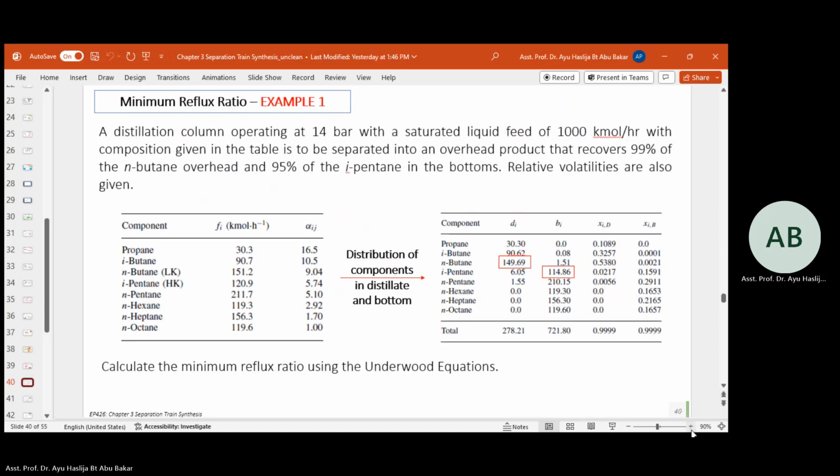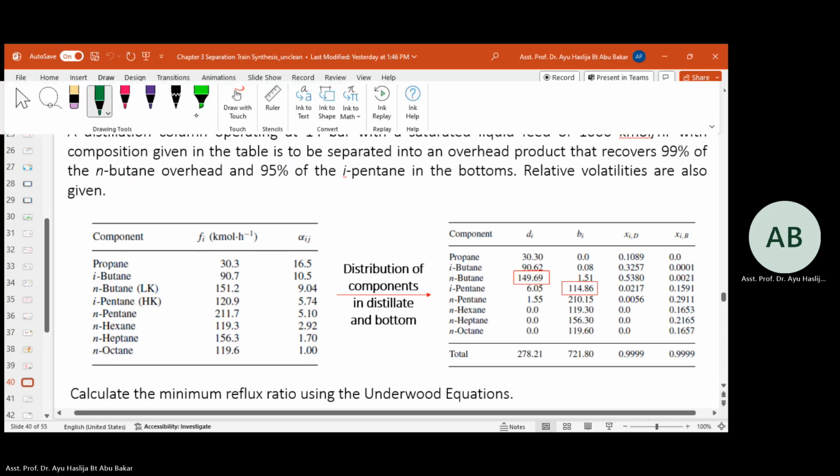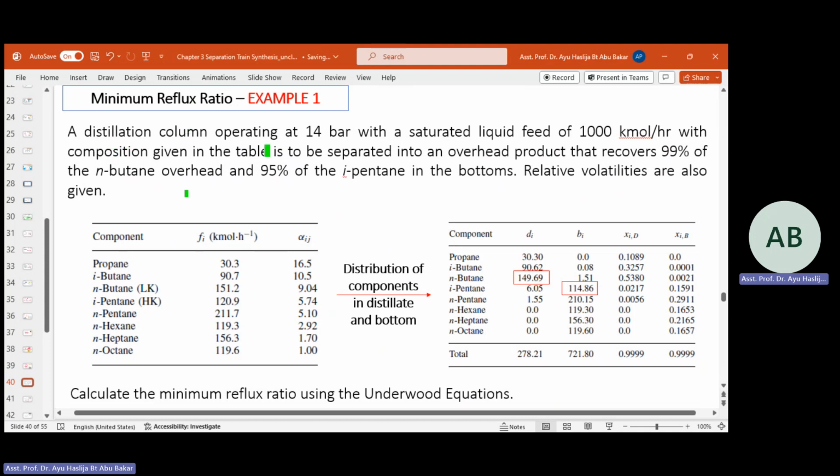Make it bigger. A distillation column operating at 14 bar, saturated liquid feed of 1000 kmol per hour with composition given in the table is to be separated into an overhead product that recovers 99% of the N-butane overhead, and 95% of I-pentane in the bottoms.